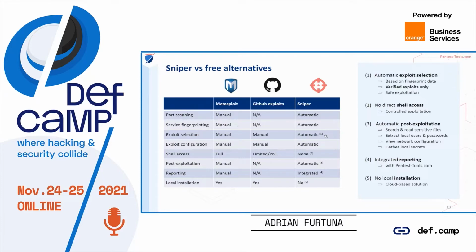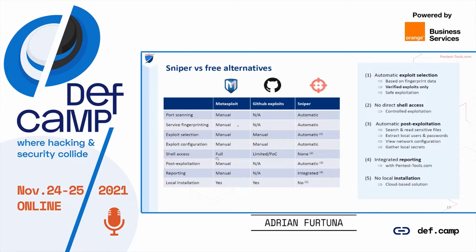There's a catch here: with the automatic exploit selection, we ensure that all exploits that we run are verified, are safe, and there is a very low risk or even no risk of crashing the target or taking it to an unstable state, because we verify very well the actions performed by the tool.